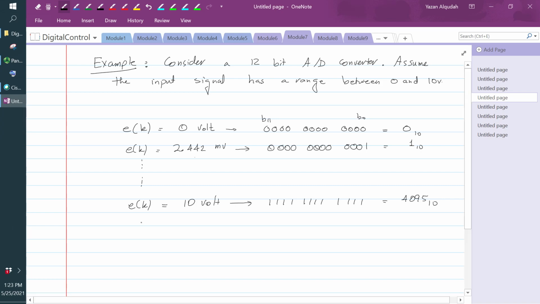So here, since we are doing the quantization, if the input is in the range between 0 and less than 2.442 millivolt, it will be rounded to 0. Information is lost.